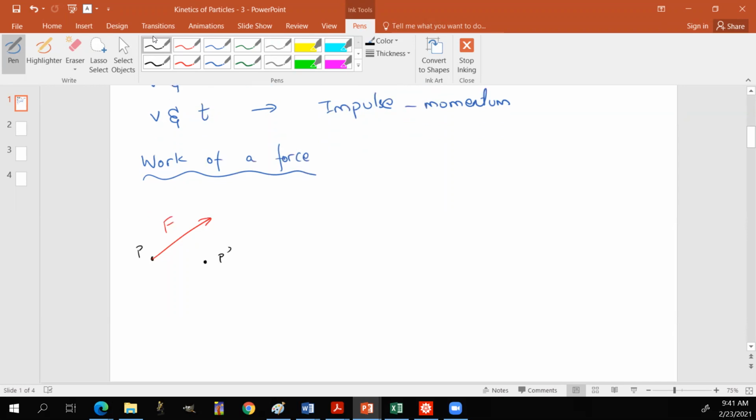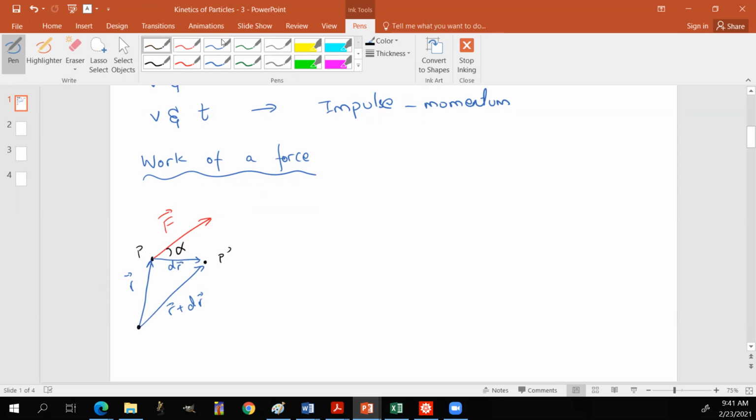You've defined the position relative to some point, so you have some R, and the new position is R plus dr, in vector form. So this displacement here is dr. Let's say the angle between the force and this displacement is alpha.